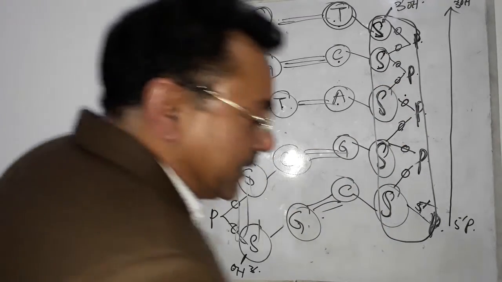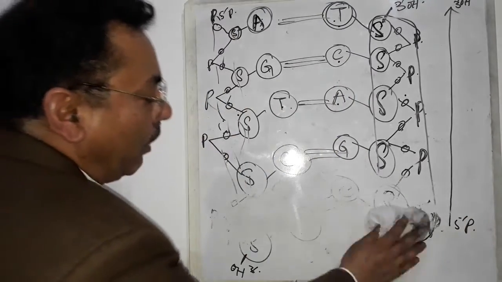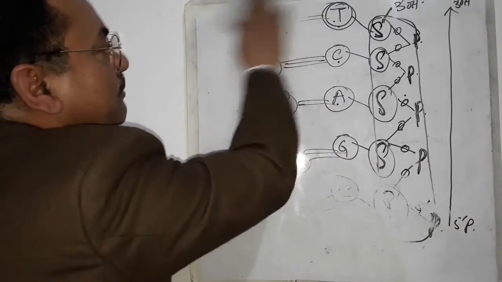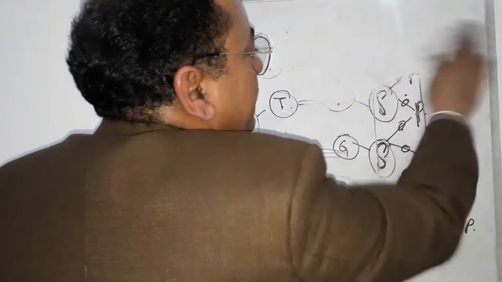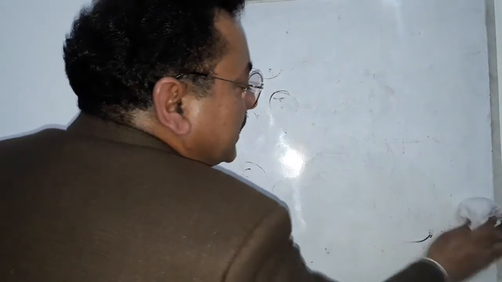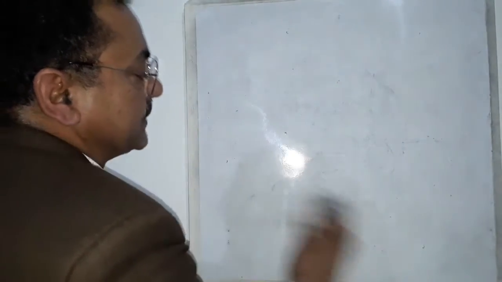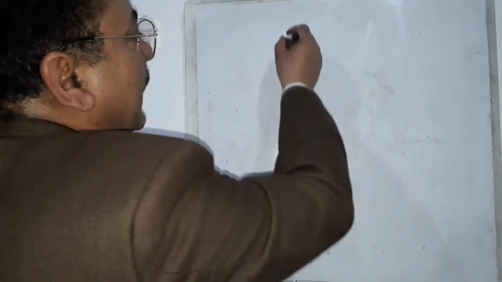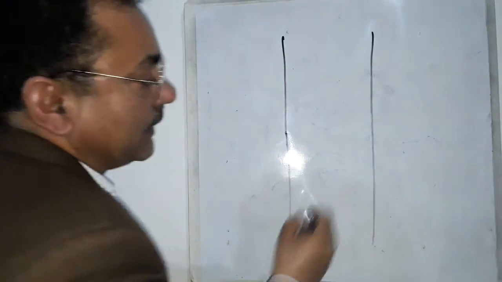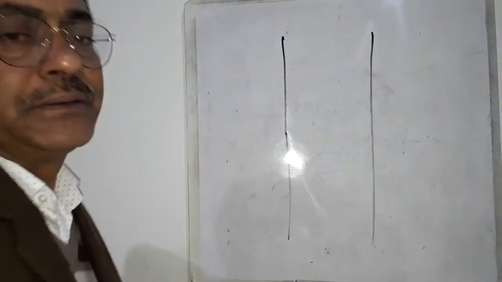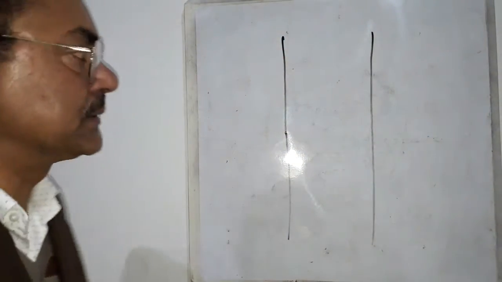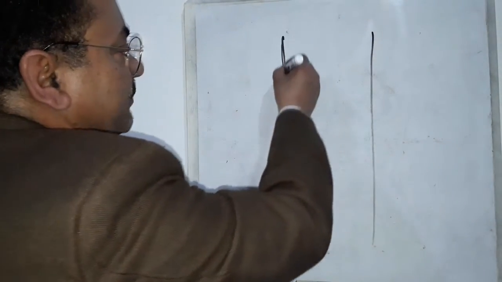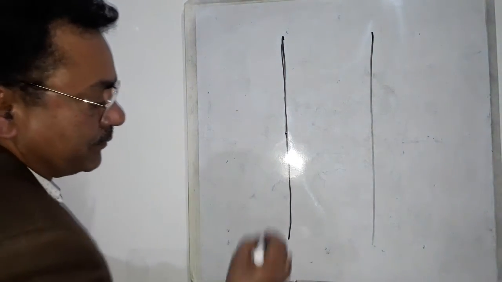So considering these two strands of DNA which are anti-parallel and complementary and have hydrogen bonds between the complementary bases, you can consider this like a ladder that has two side bars and many cross bars or rungs. Suppose this is one side bar of the ladder.